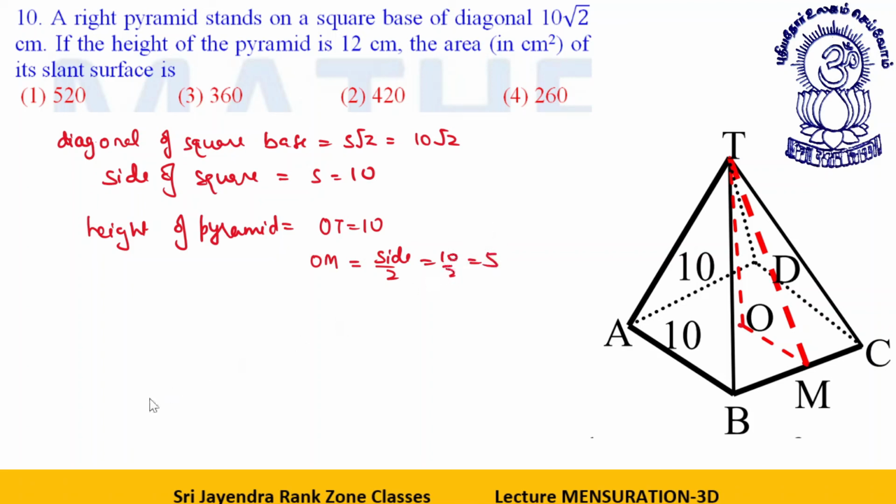Now first of all, what do we require? We require the slant surface. Slant surface will be 4 into the area of a triangle. What is the area of a triangle? Half into base. Let's say the base is BC and the height is MT. So you require MT now.